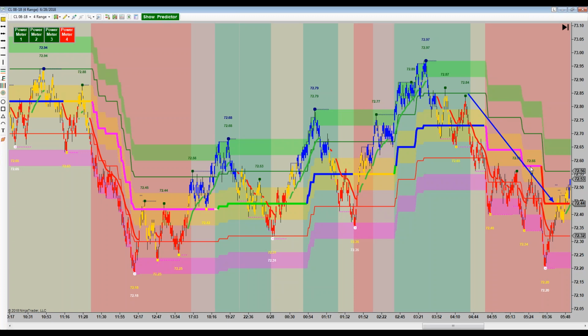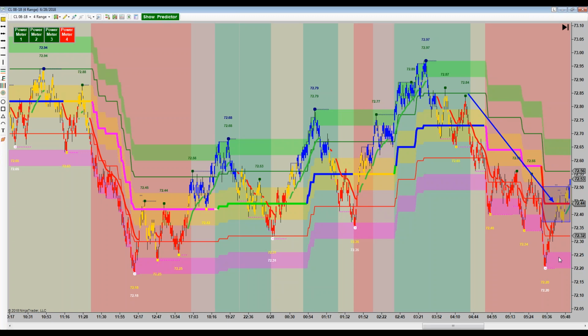However, is it possible that at the pit open, things could change? In other words, when the crude pit opens, and this is true of equity markets too, is it possible that you could get some consolidation around the mid-band, and in fact go either way, perhaps up, perhaps down, and we need to be prepared for that.